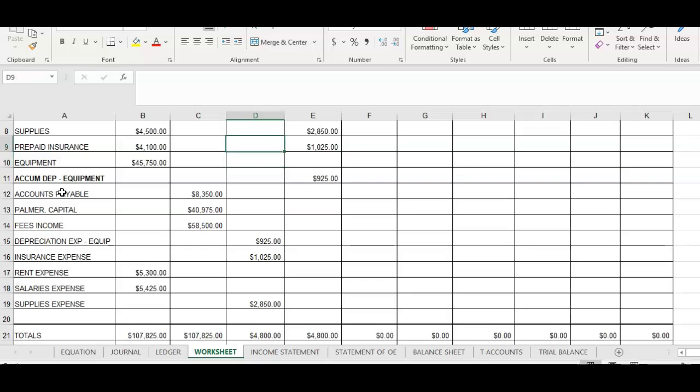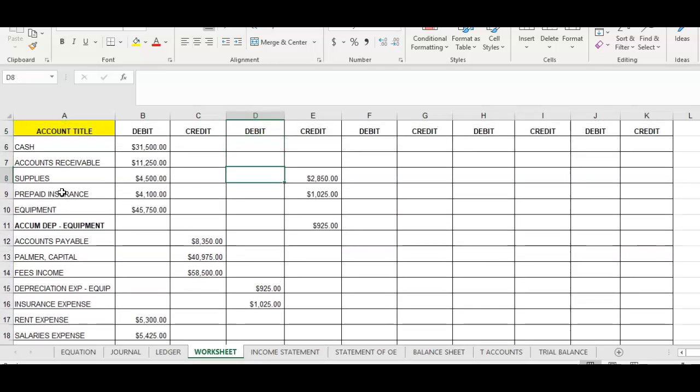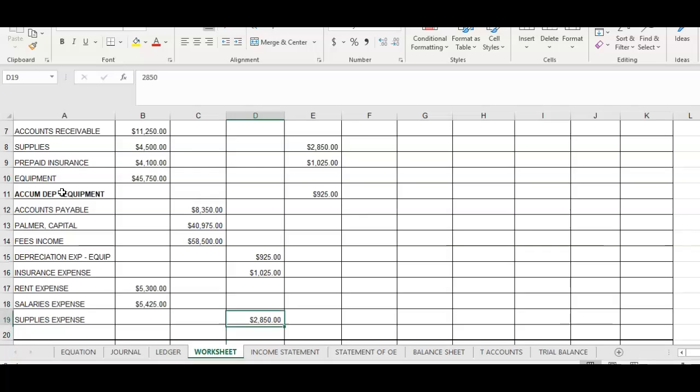We also covered a concept known as depreciation, which is the process of taking the cost of a long-term asset like equipment and expensing that cost over the asset's useful life. So we worked on how to record depreciation expense in the worksheet.